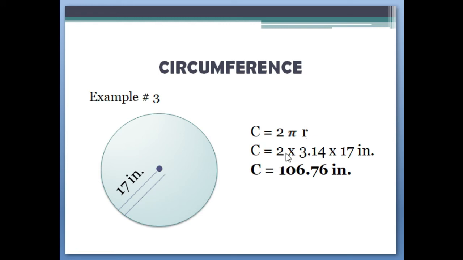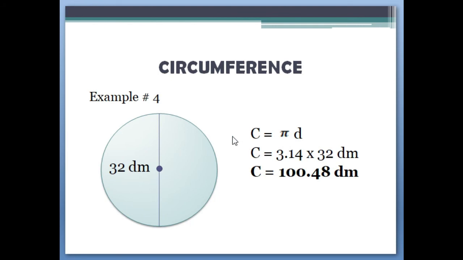So, same process. Copy lang yung 2. Substitute the value of pi which is 3.14. Then, substitute nyo rin yung given measurement for radius which is 17 inches. So, next is to multiply. 2 times 3.14 times 17 and you'll get 106.76 inches.